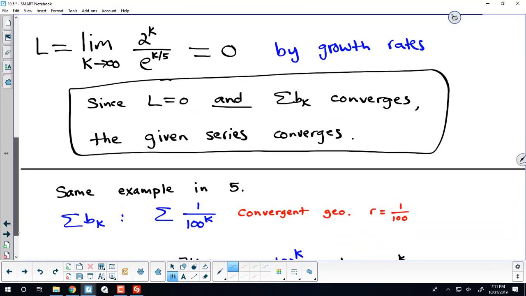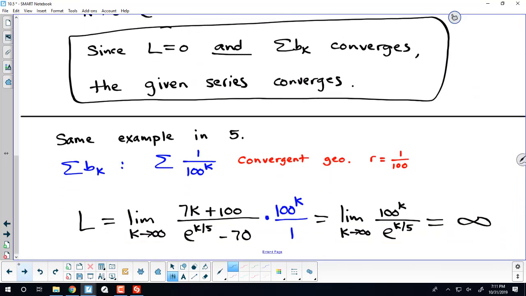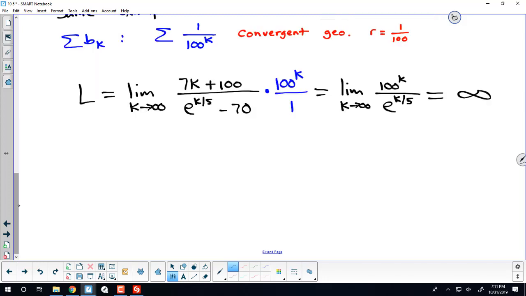But that's not what we're looking at, is it? We've got our limit being infinite, but b sub k converges. So what does that mean? It's inconclusive, right? This doesn't tell us anything. Picked wrong. You just chose the wrong thing to compare to.